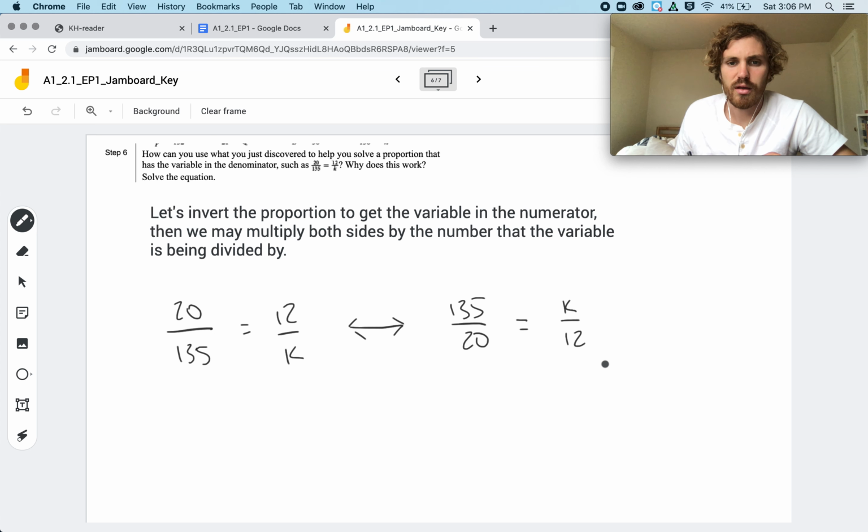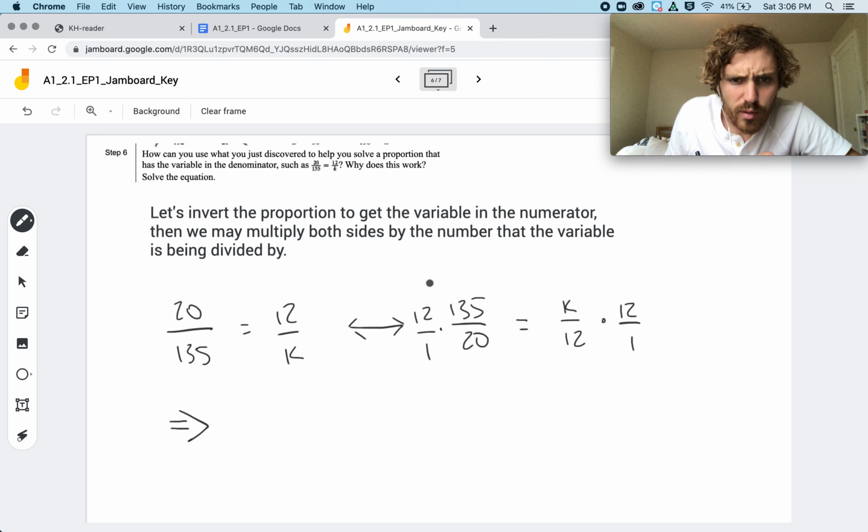Now we know we can multiply both sides by 12 over 1 to solve for our variable. And so that should tell us that 12 times 135 divided by 20. But one thing I'll mention is that if you have 12 and you have 20, you could simplify these and divide them both by 2. So we could make this 6 and this 10.